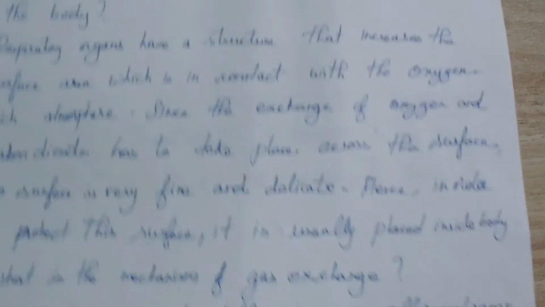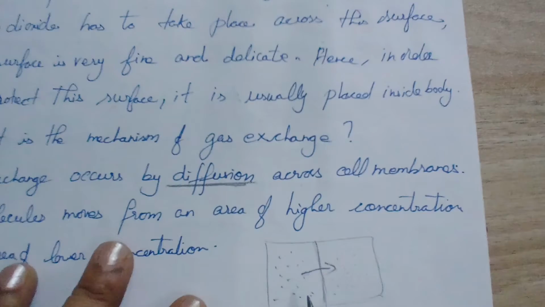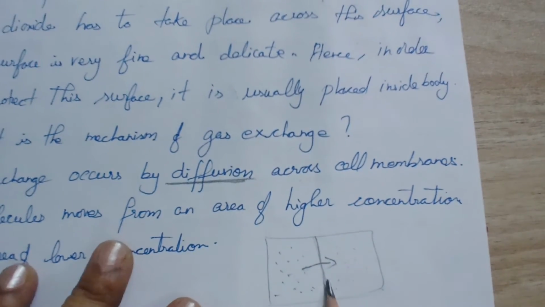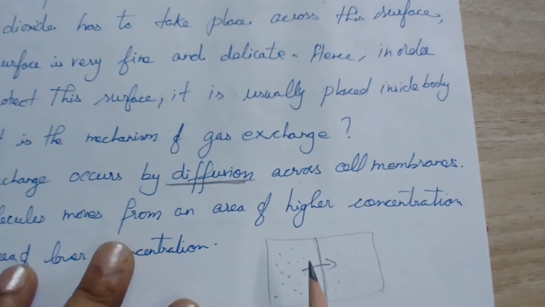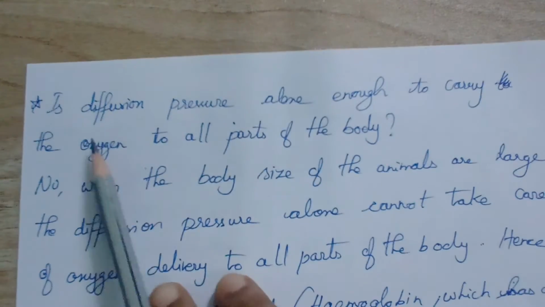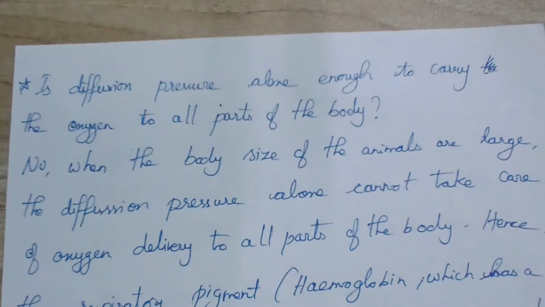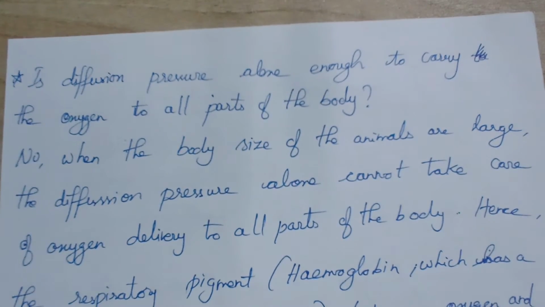Do you think there's only this diffusion? See how it has to move from higher concentration to lower concentration. How much time will it take? By this method, will it enter all parts of the body? No, it is not possible. It's very difficult, right? Is diffusion pressure alone enough to carry the oxygen to all parts of the body? No, definitely it is not, because the size of the body is very large.